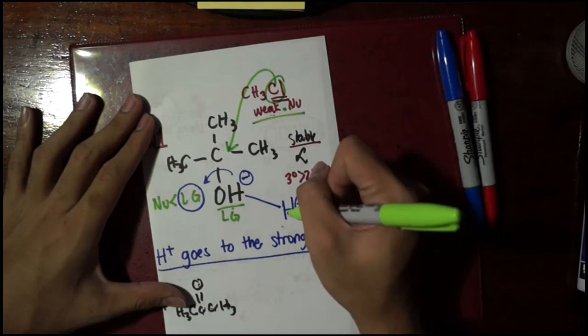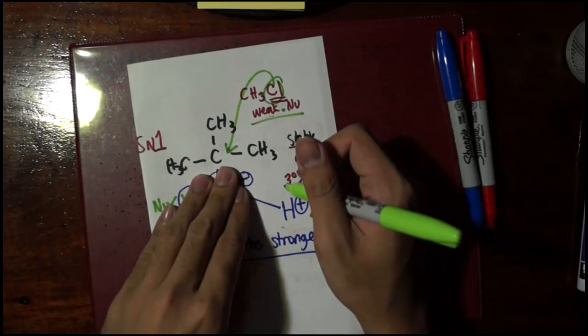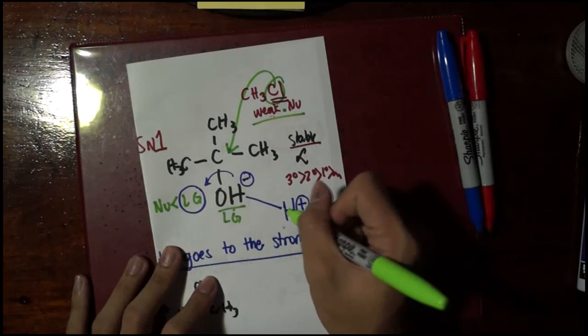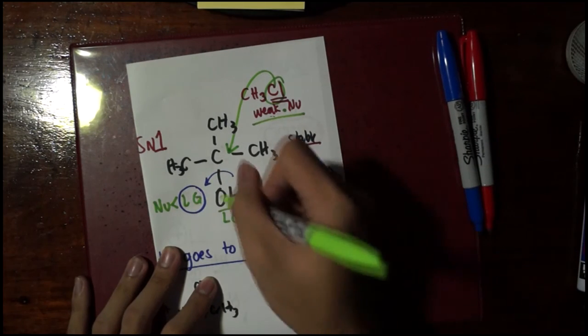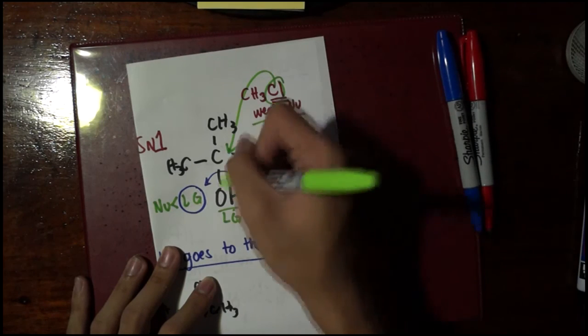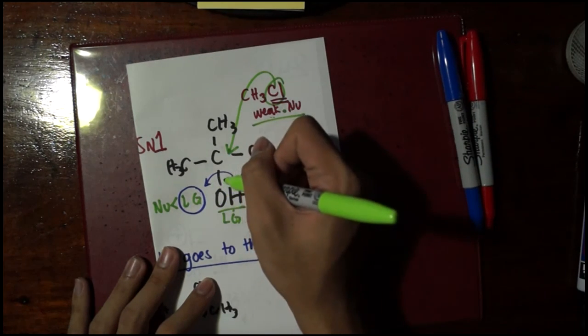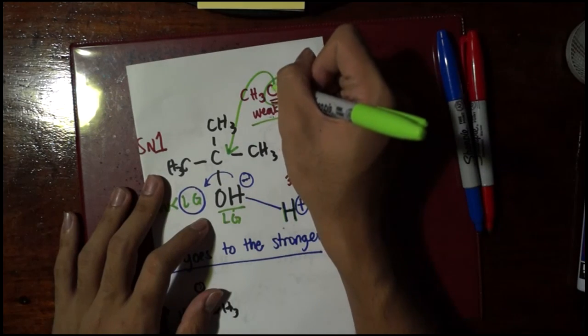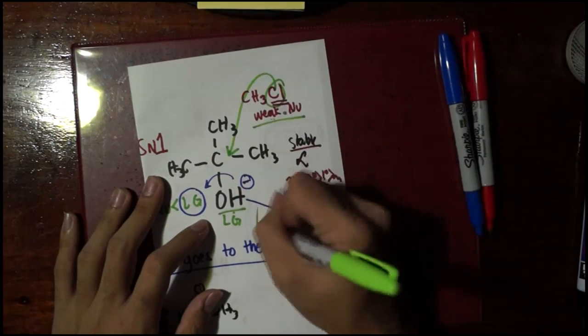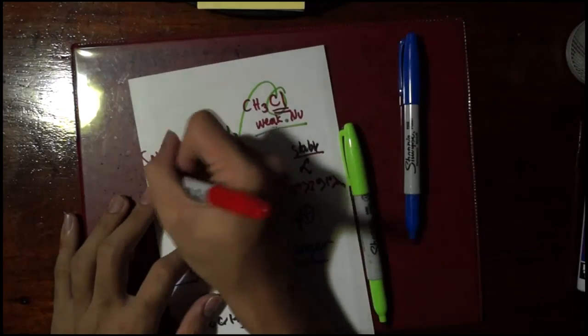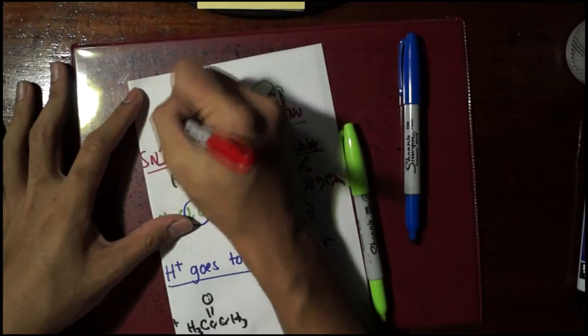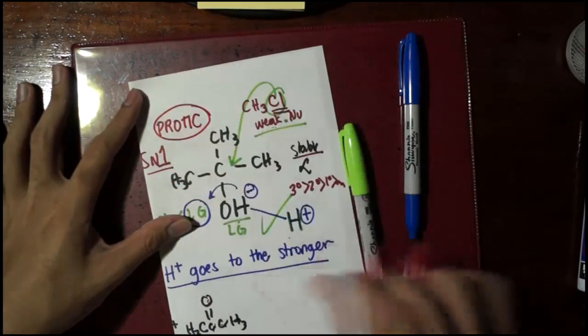So will the hydrogen help by absorbing the leaving group? Of course, because the moment that the hydrogen here attacks the leaving group or persuades the leaving group to bond to it, the leaving group would leave better, and the chlorine here would have an easier time attacking. So we want it here. So in SN1 we prefer protic solvents.